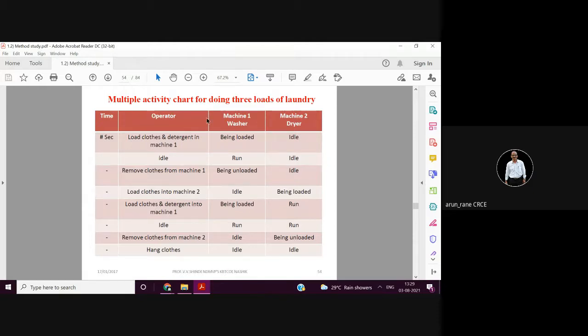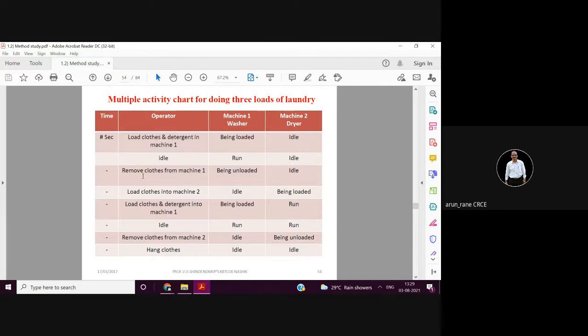This is an example multiple activity chart for doing 3 loads of laundry. So load clothes and detergent in machine 1 washer, machine 2 dryer. So machine 1 is being loaded, machine 2 is idle. Then you are running this, so this operator is idle, machine 2 dryer is idle.